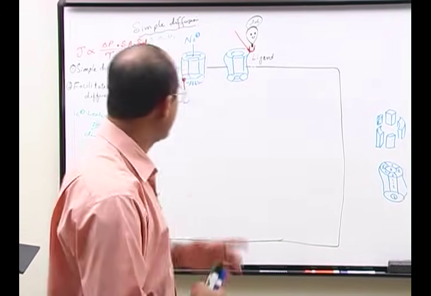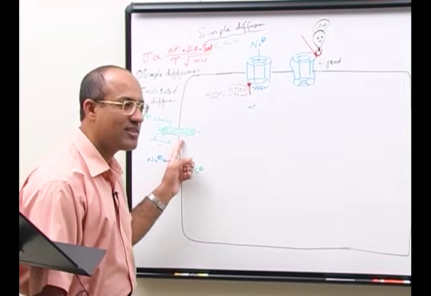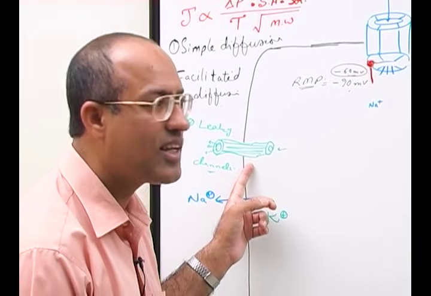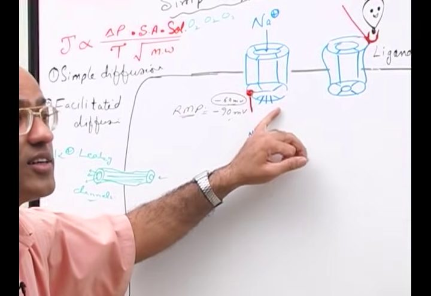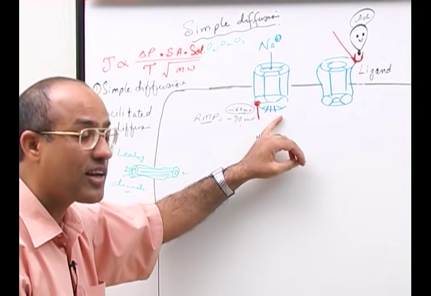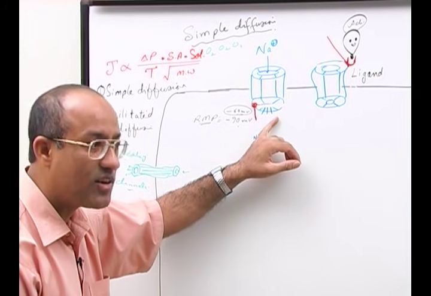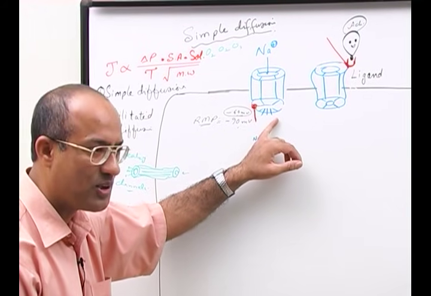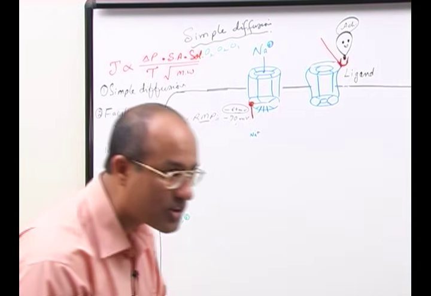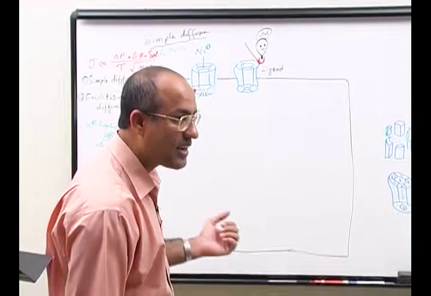Some are like potassium leaky channels. They are unregulated channels. They are open all the time. Then there are voltage sensitive or voltage gated sodium channels, as well as voltage gated calcium channels. There are voltage gated potassium channels also. So there can be potassium leaky channels as well as potassium voltage gated channels.